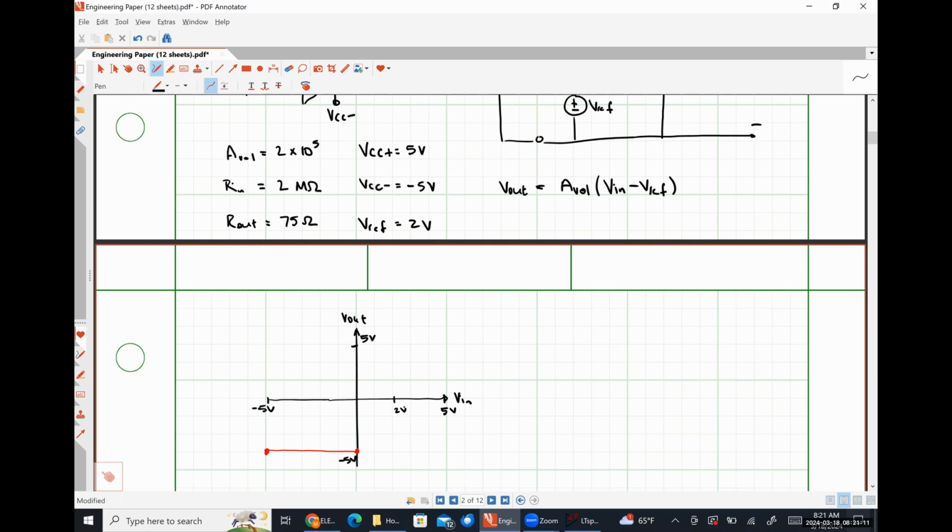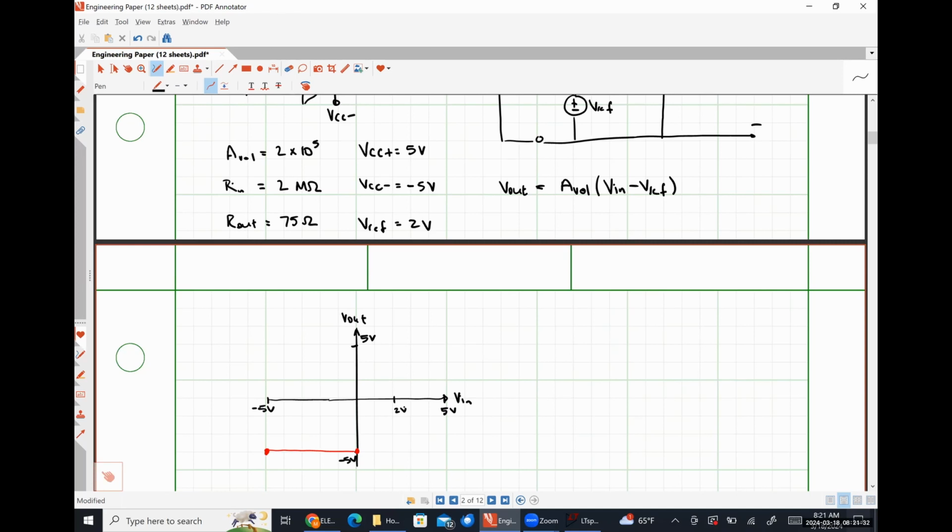Let's look at 1.99 volts. 200,000 times 1.999 minus 2, negative 200. 200,000 times 1.9999 minus 2, negative 20.